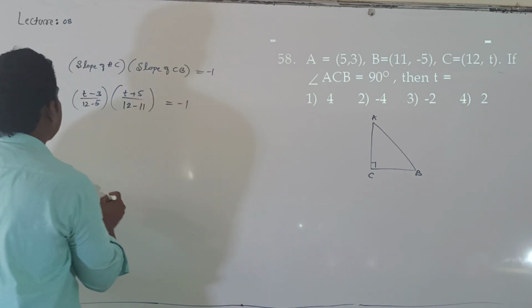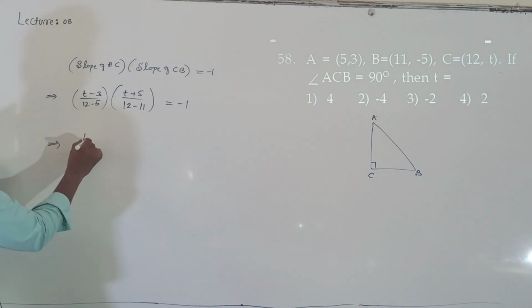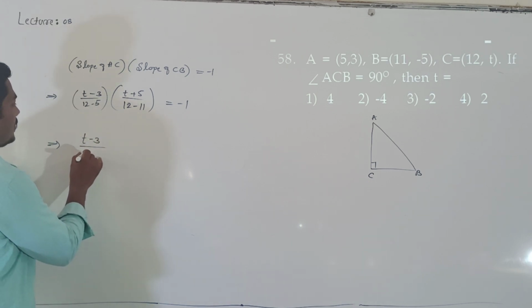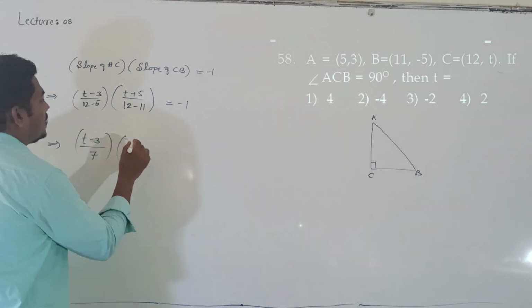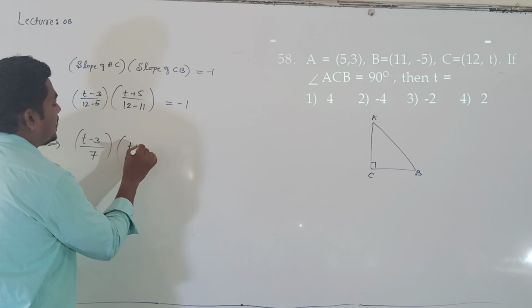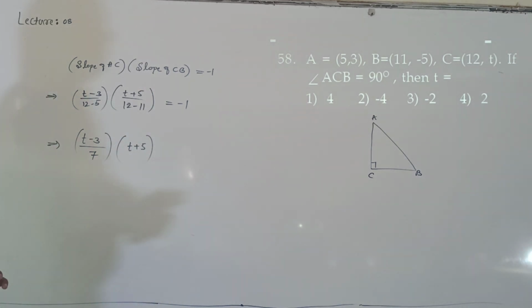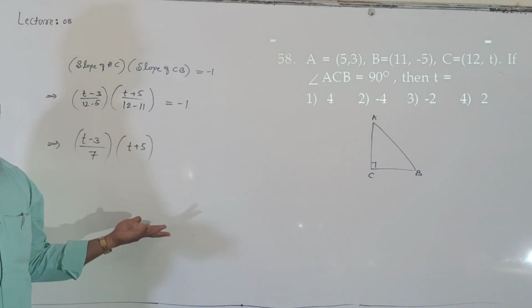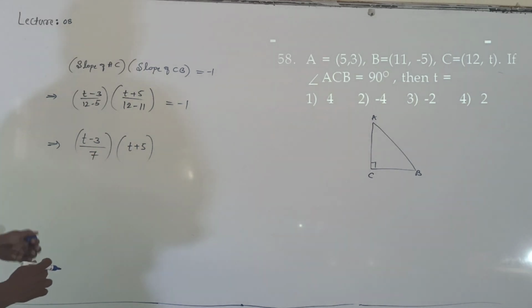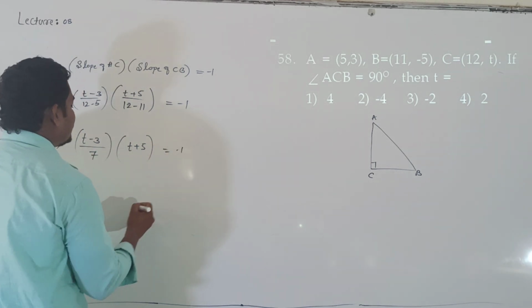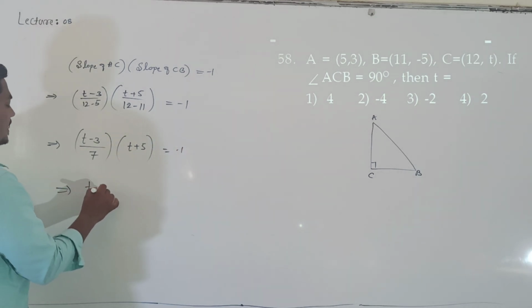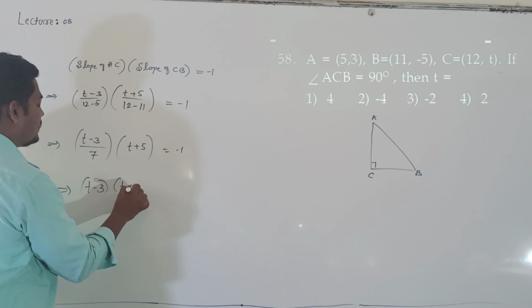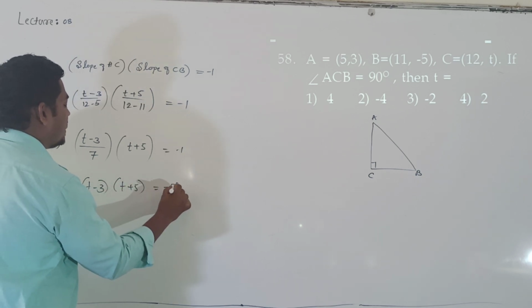That's equal to -1. Now the usual simplification. t minus 3 divided by 12 minus 5 is 7, into t plus 5, right? Because 12 minus 11 is 1. That's equal to -1. Cross multiplication: (t minus 3) into (t plus 5) is equal to -7.